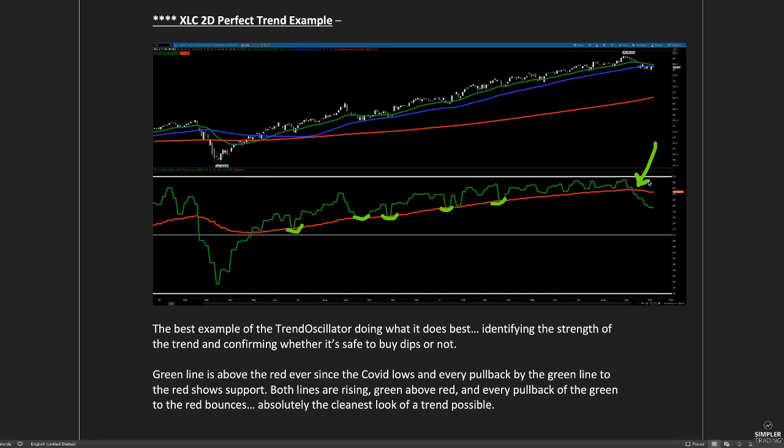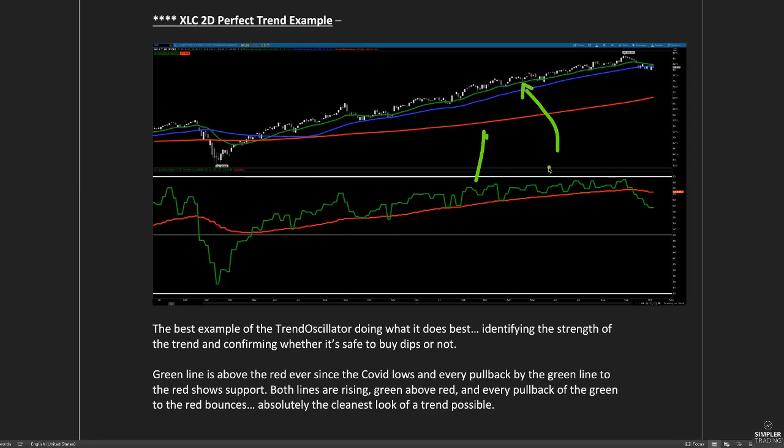It also helps if you're looking at a lot of different things, because then you can say, okay, this other trend oscillator doesn't look as good as this one. The one you're looking at right now is perfect, and that's why it's called the perfect trend example. This is exactly what it should look like. When you have something that looks like this, it gives confirmation and strength to the trend.